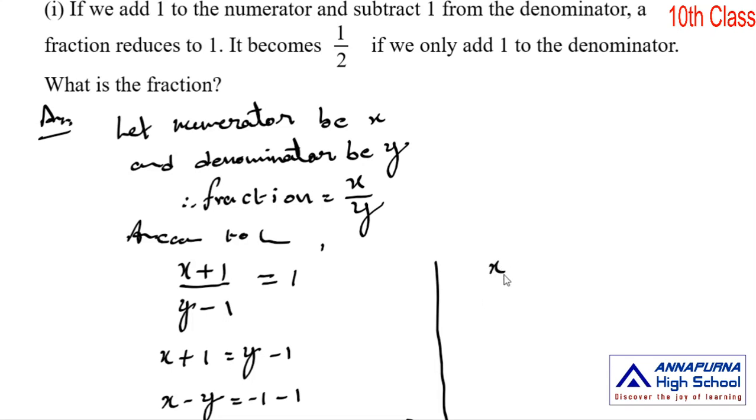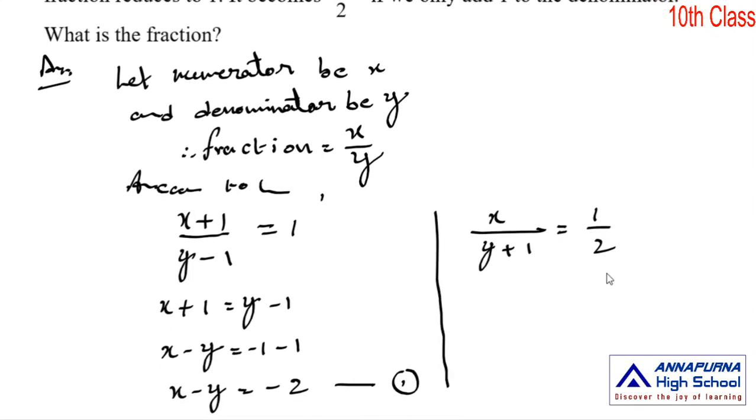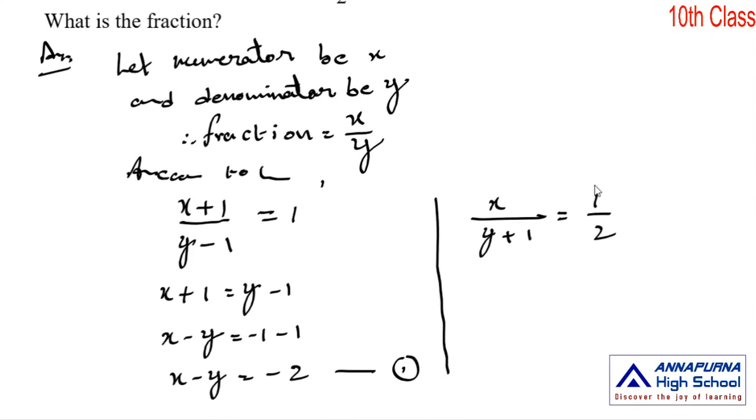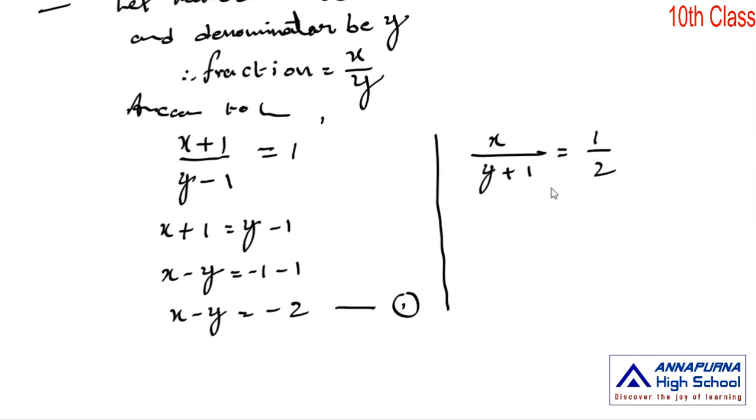Here the numerator is x, but if you add 1 to the denominator y, then the denominator changes to y plus 1. Then it becomes 1 by 2, meaning it is equal to 1 by 2. Okay, so this is the mathematical equation for the second condition. Now change this equation to a linear equation in two variables by doing cross multiplication. So 2 into x, 2x is equal to y plus 1. When you transpose y to the left side, 2x minus y is equal to 1. This is the second equation.